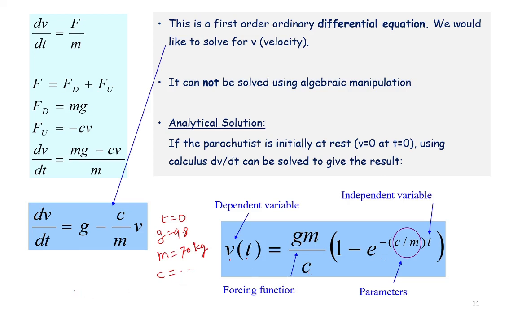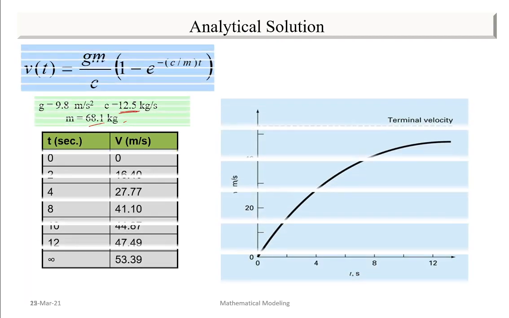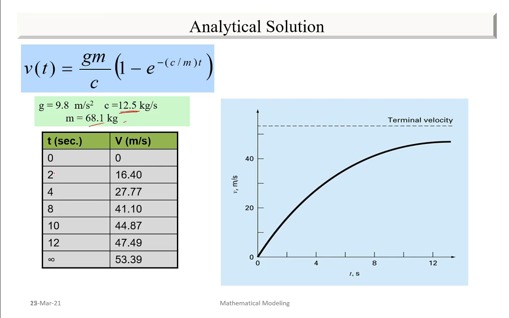I can go on putting t as 0, 1, 2 like this. C I considered as 12.5 kg per second, mass is 15, then G is 9.8. Then I can substitute these values into this equation and get the solution.